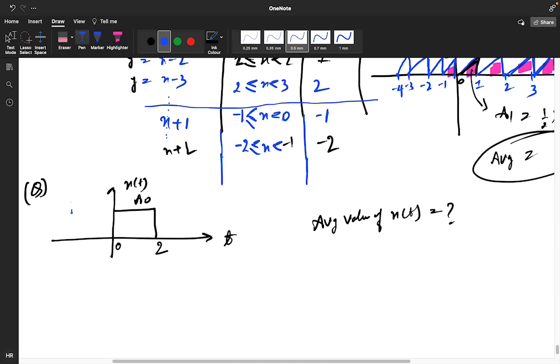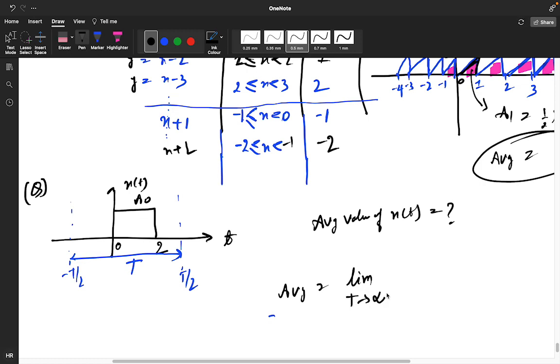So in non-periodic signal, what we are doing? Minus T by 2 to T by 2, and overall time period is T. In this particular graph, I'm not writing the whole thing, I'm writing directly. So average value will be limit T tends to infinity, 1 upon time period, where the graph is happening, 0 to 2, a naught dt.